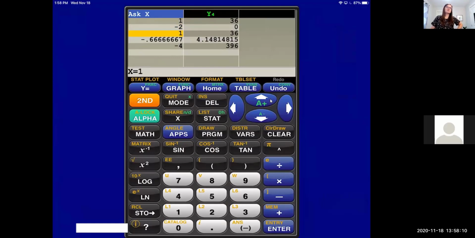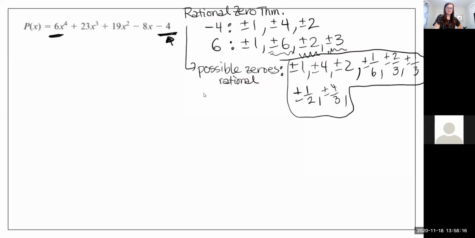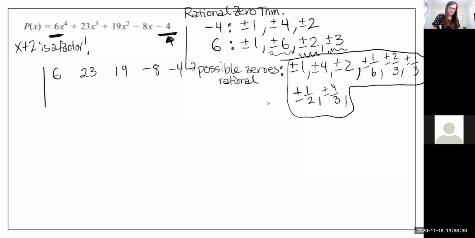So if -2 gives you 0, that means x plus 2 is a factor. And that should help us. It doesn't matter which one you find first. If you found x plus 2 is a factor, that's great. That means that I can take my 6, 23, 19, -8, -4, and divide it by the -2, the 0 of -2, which is dividing it by x plus 2.